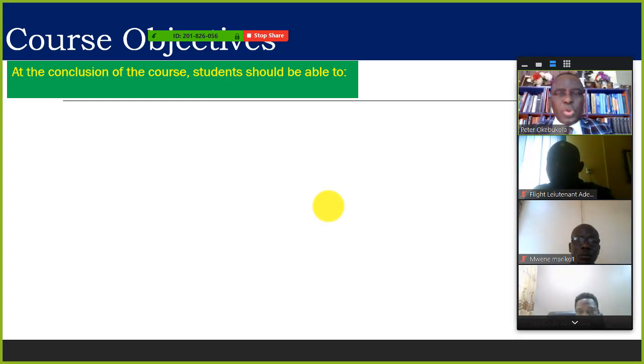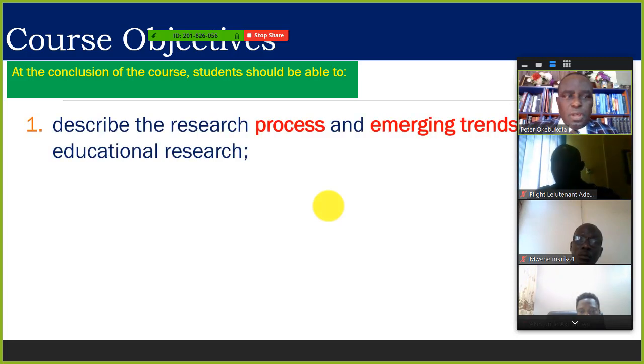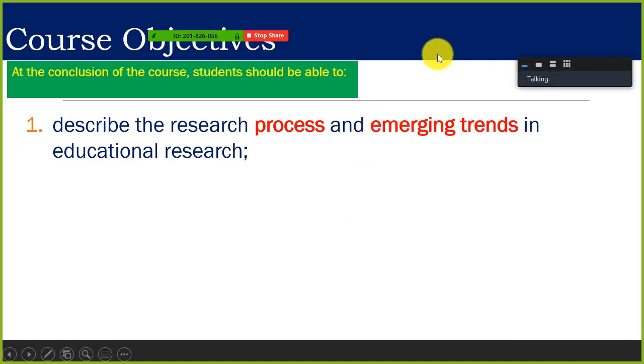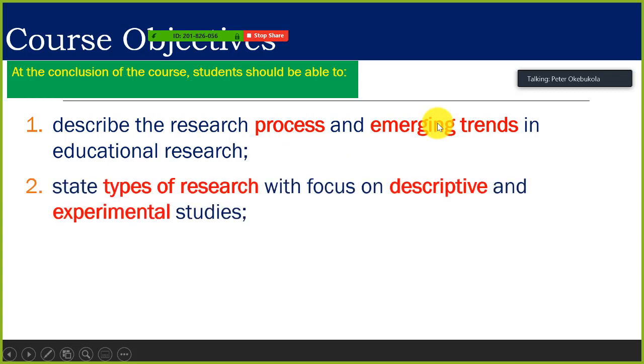So, what are we going to achieve at the end of 3 months? Dear facilitators, dear students, we are going to be describing the research process and emerging trends. And we'll be looking at types of research.